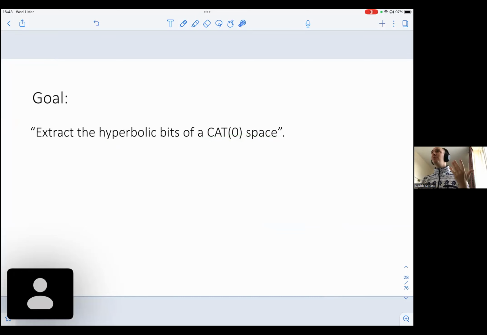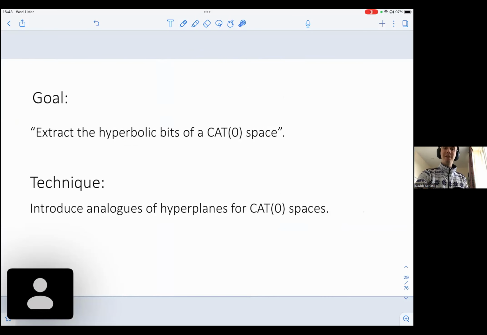And we want to do this for a general Cat0 space. And our tool, of course, is going to be this: we want to introduce analogs of hyperplanes for Cat0 spaces. Okay, good. Why do we want to do that? Why is this tool a sensible thing to do if we want to achieve this objective?